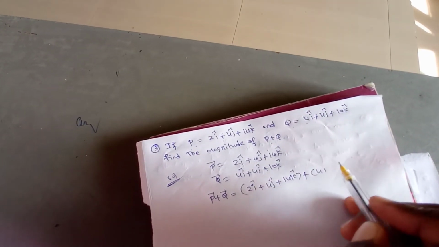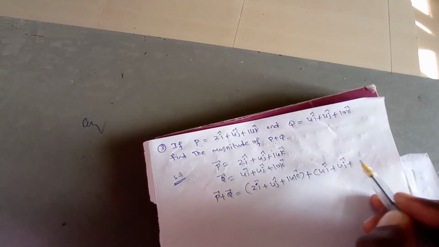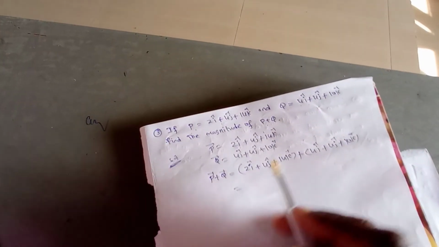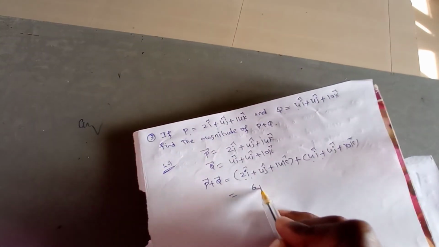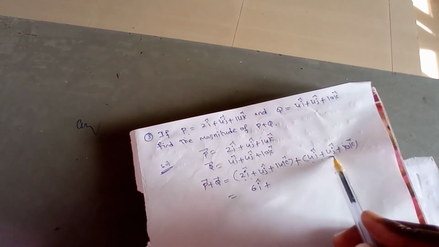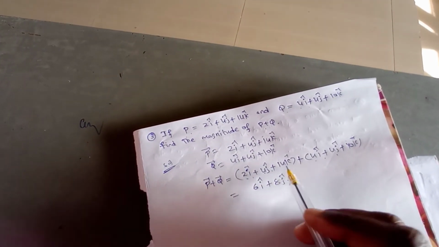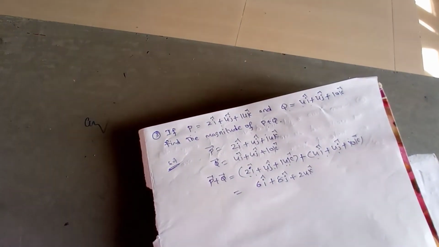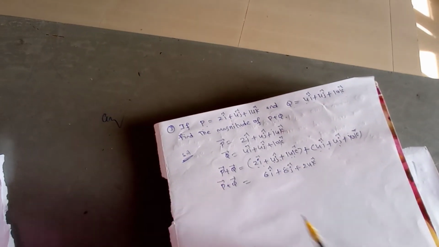That is 4i cap plus 4j cap plus 10k cap. So now 2i plus 4i, that is 6i cap. 4j cap plus 4j cap, that is 8j cap, plus 14k cap plus 10k cap, 24k cap. So this is p plus q.